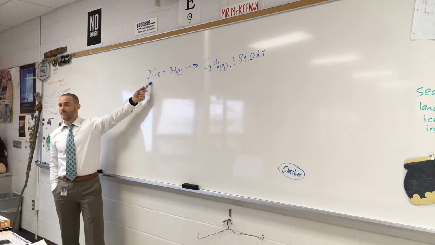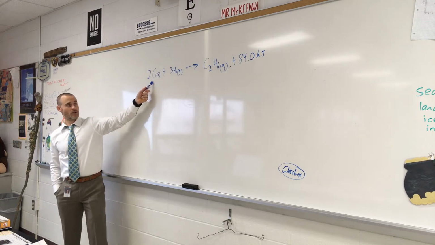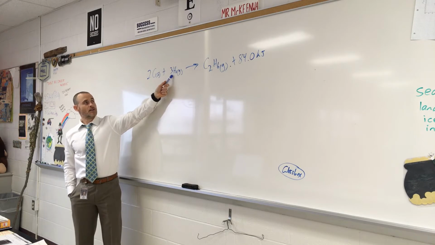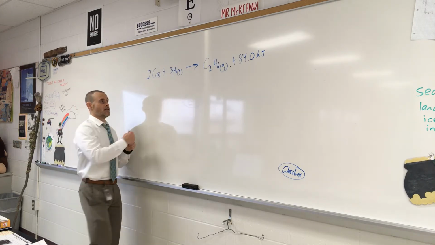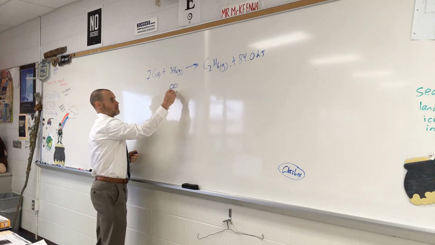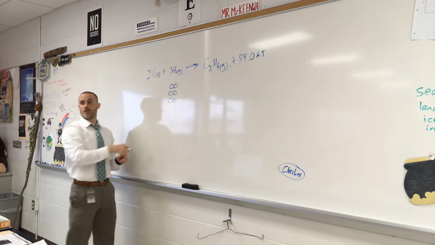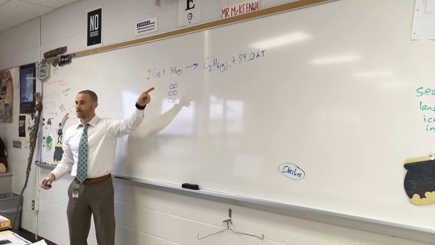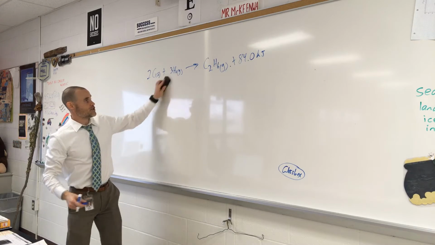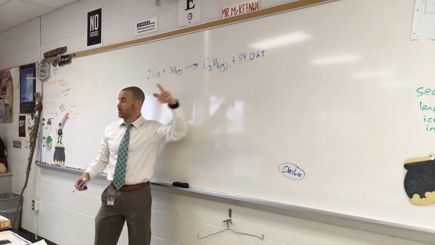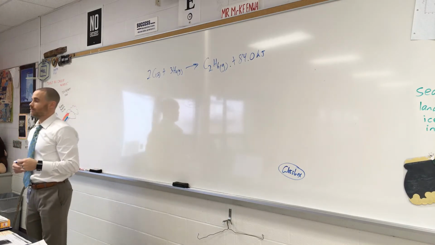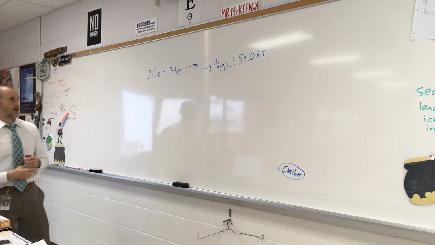How many carbons do we have right here? 2. How many over here? 2. How many hydrogens here? 6, because you have 3 H2, so that's 1, 2, 3, 4, 5, 6 H's. Everybody with me? Okay. How many H's over here? 6. Is it balanced? Yes, same number of atoms on both sides. What law does that show? Conservation of mass. All right, good.